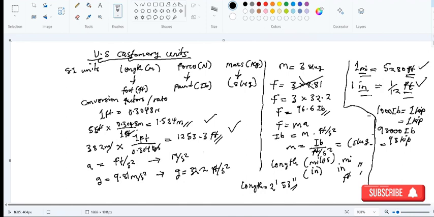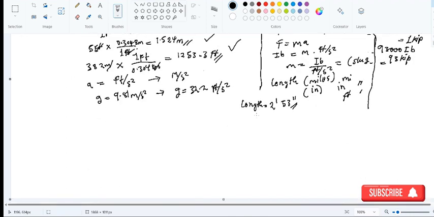The last thing I want to talk about is velocity expression. Velocity in the US customary unit is usually expressed in mile per hour, or in feet per second.